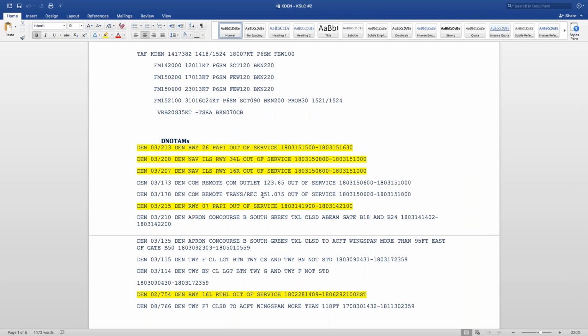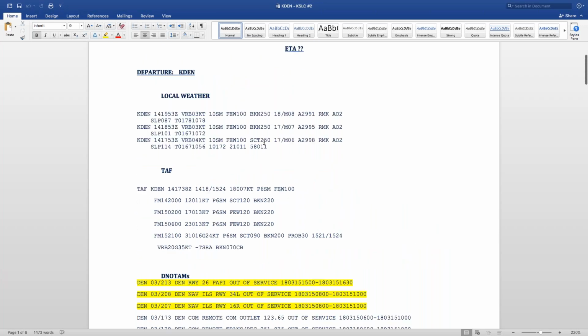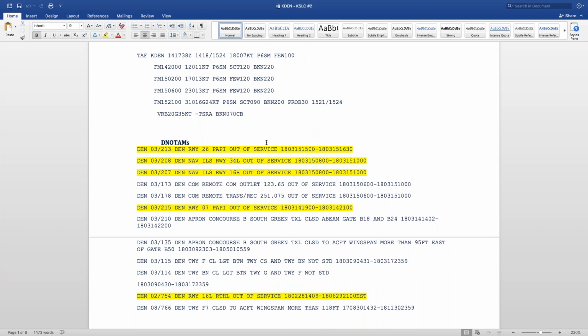So what was our estimated time of departure? 21:36. Does that NOTAM affect runway 34 left at our ETD? I got that as my estimate for arrival, 2025. Oh yep, that was departure, sorry. 2025, does that NOTAM affect our ETD?